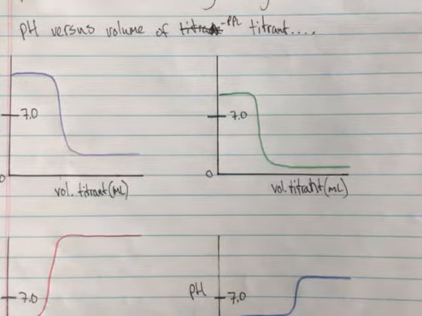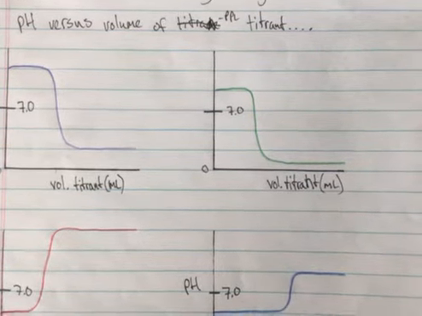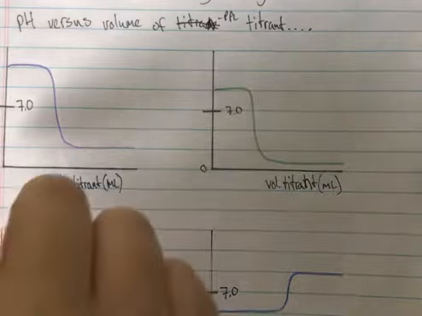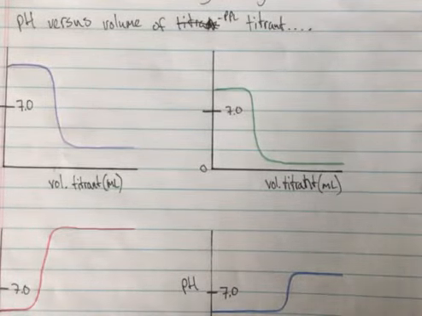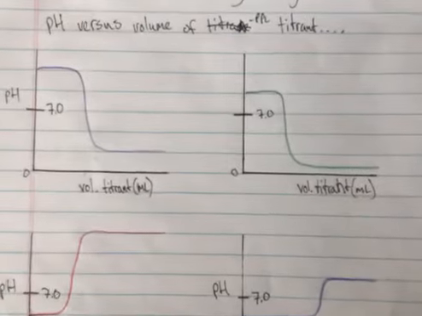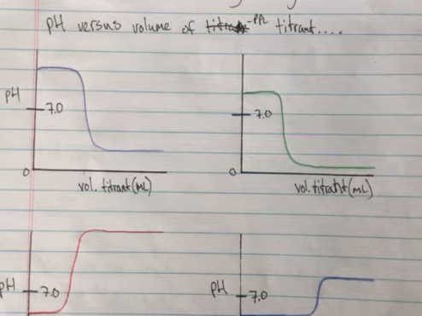Okay, so let's take a look at some of these titration curves here that I have sort of color indicated, if you will, to spot the differences among strong and weak acids and weak bases. Okay, so the pH versus volume. So pH is going to be the y-axis, volume is going to be the x-axis. Okay, notice how I have a neutrality point right there at pH 7. So this is to try to give you the idea of where you're going to see an endpoint.